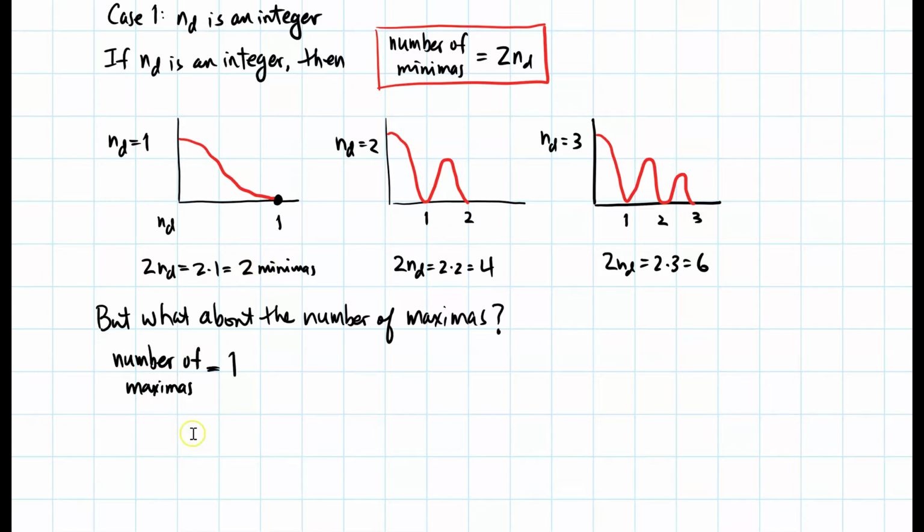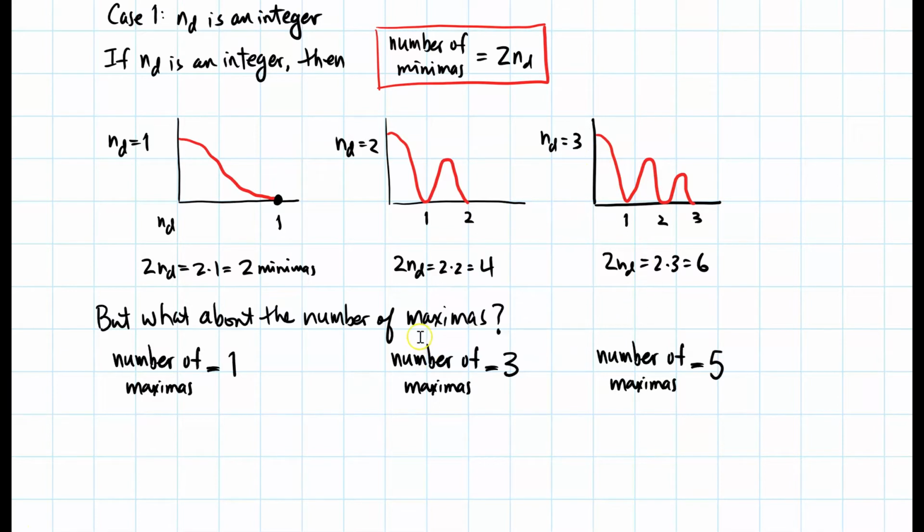So the number of maximas is 1. What about for ND equals to 2? So I got the central, and then I have 2 secondary, so that's a total of 3 maximas. If I look at ND equals to 3, note that I got my central plus 2 here, so I got 2 here, 2 there, plus 1, that's 5.